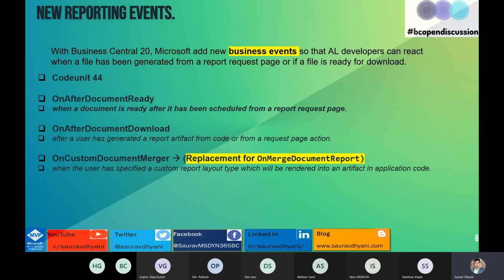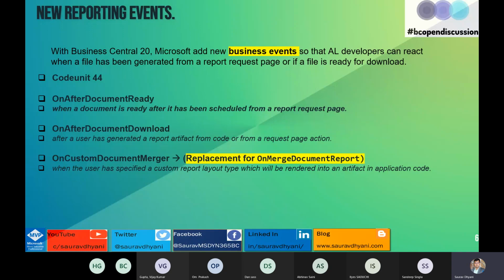And that all was done using code unit 844, where there were two new events added and one event which was replacing the old event which I have used in the past called on merge document report. Now I'll have to test it out how you actually use it, but surely look at code unit 44 if you are working on reports.